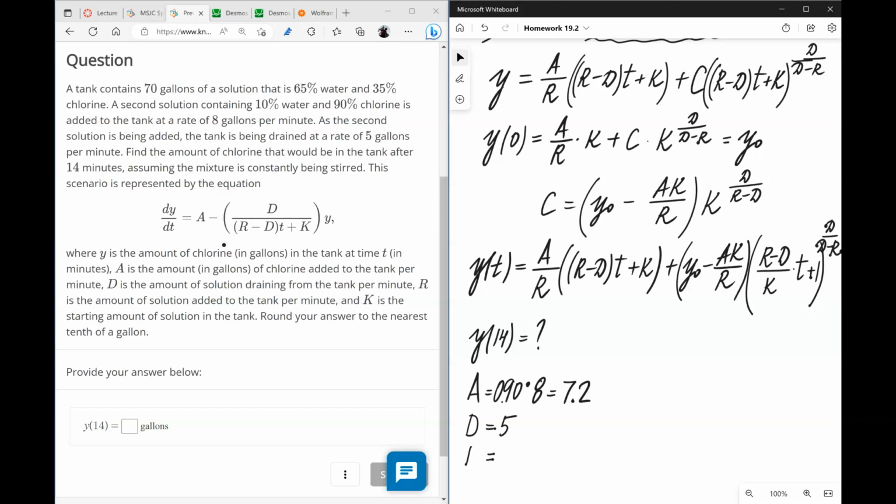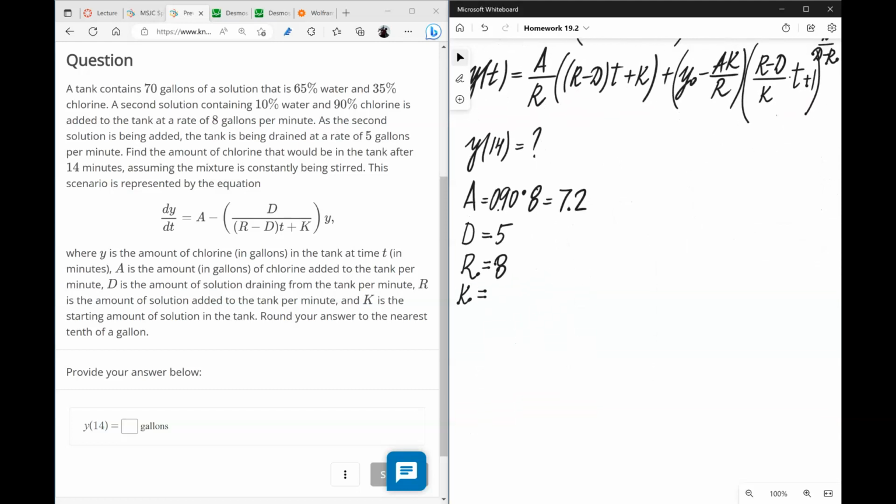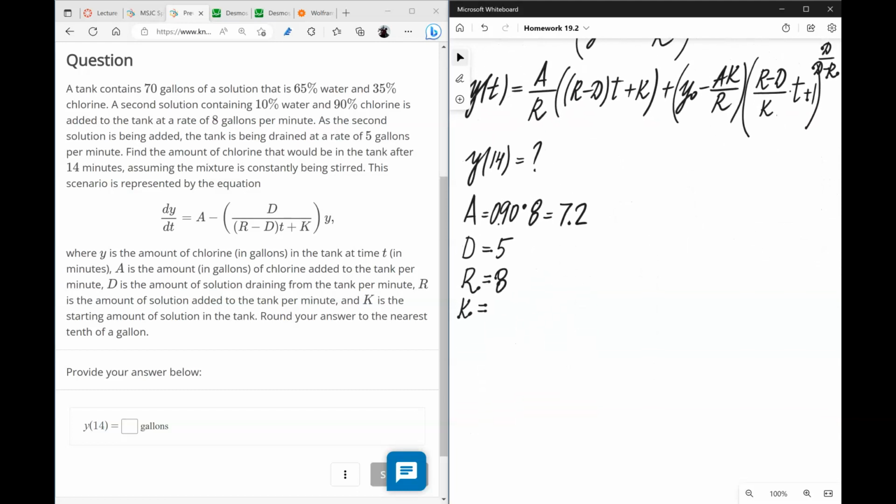R is the amount of solution added per minute. So we have 8. K is the starting amount.